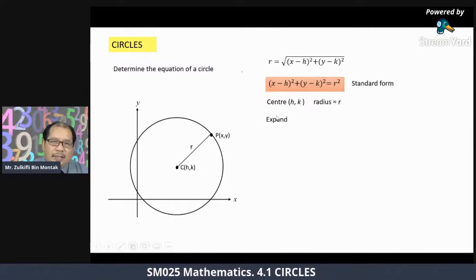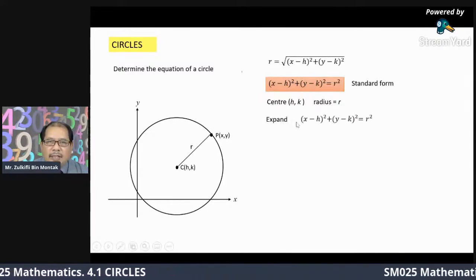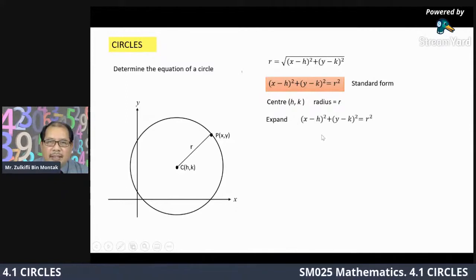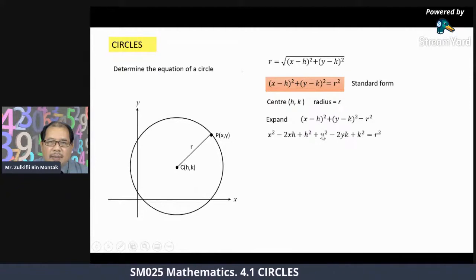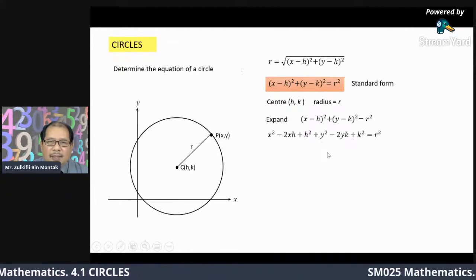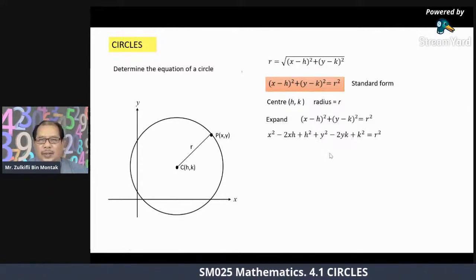Now, if we expand the standard form, x minus h square plus y minus k square equal to r square, we get x square minus 2xh plus h square plus y square minus 2yk plus k square equal to r square.